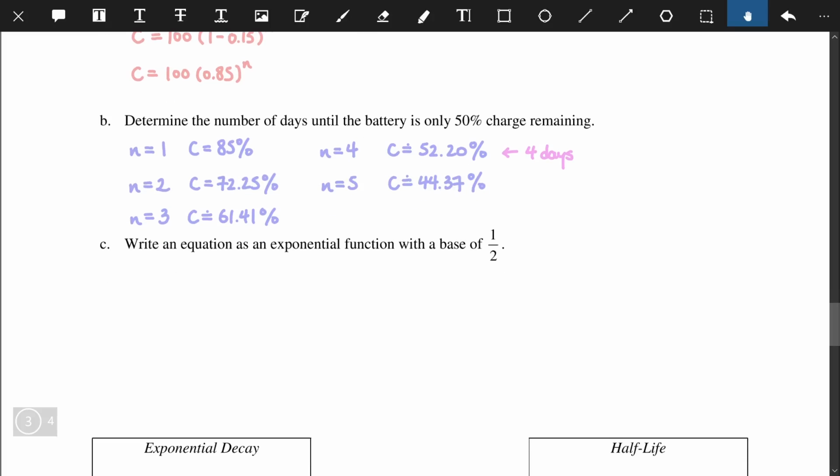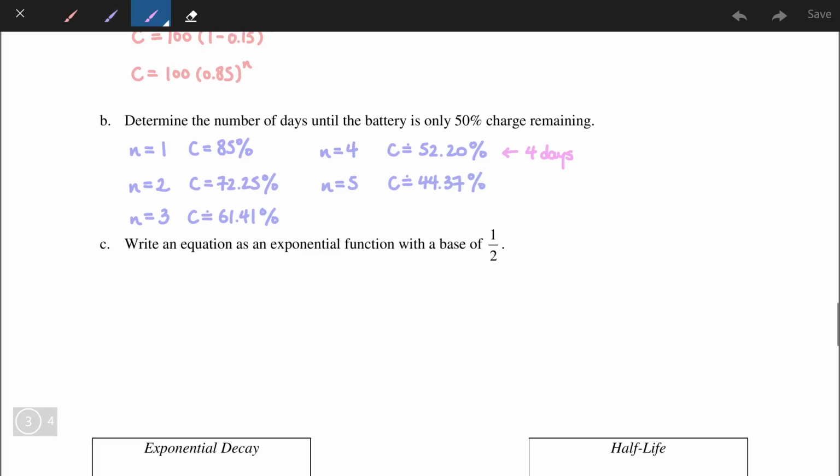So just as we were able to rewrite an exponential growth equation using doubling time, we can also rewrite an exponential decay equation using half-life. So it says here to do just that. So C is equal to 100%, and then 1/2, and we know that it takes 4 days to get half the battery charge, so this would be n over 4.